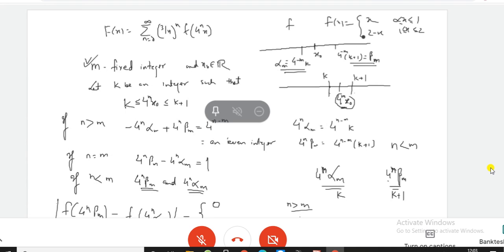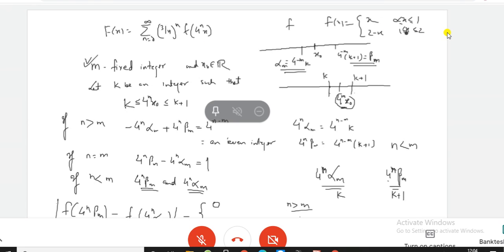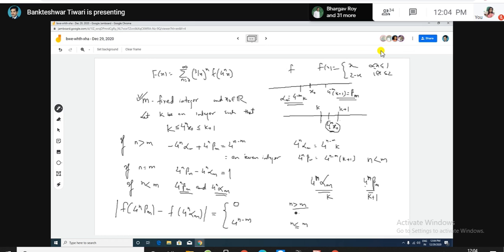So when n bigger than m, you see its difference is just, अगर 0 और 1 के बीच में है तो इनका डिफरेंस आपका होगा x1 minus x2, और अगर 1 और 2 के बीच में होगा तब भी डिफरेंस 2 minus x1 minus m when n less than equal to m.